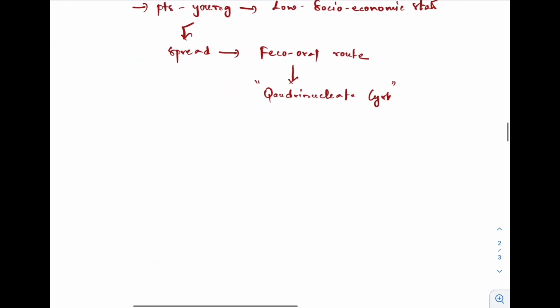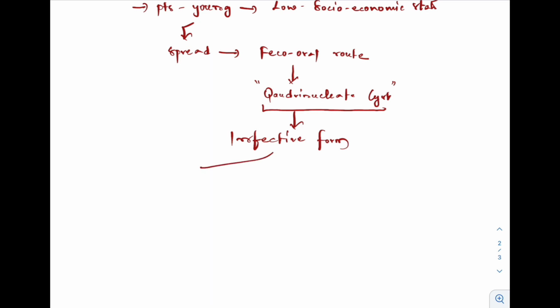That means we can tell that quadrinucleate cysts are the infective forms of amoebiasis, or the Amoeba histolytica. So we can term quadrinucleate cysts as the infective forms.